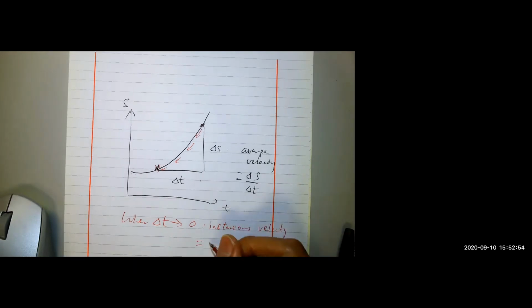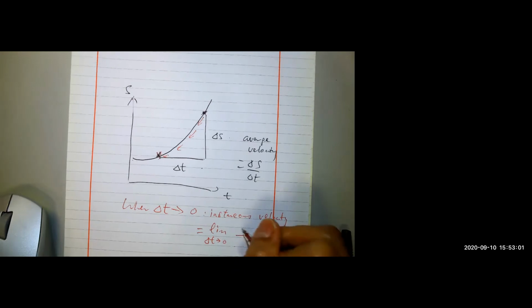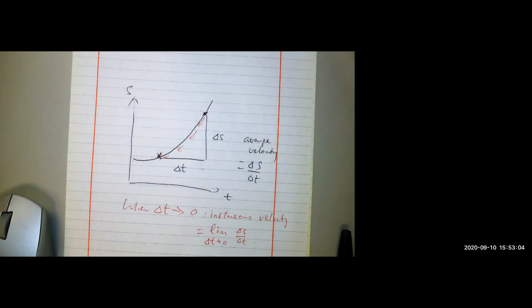The instantaneous velocity is written as a limit where delta T goes to 0 for the average value. And this would be actually the concept of differentiation. So in physics, in many situations, we would be looking at not the average value, but the instantaneous value, because the instantaneous value would determine some important physical properties.